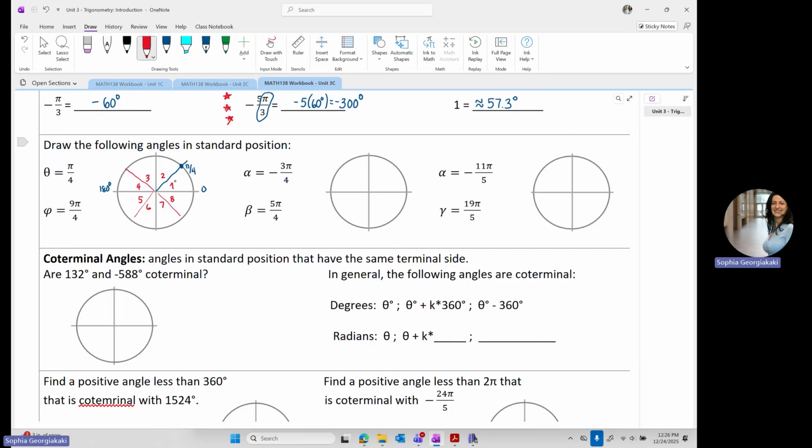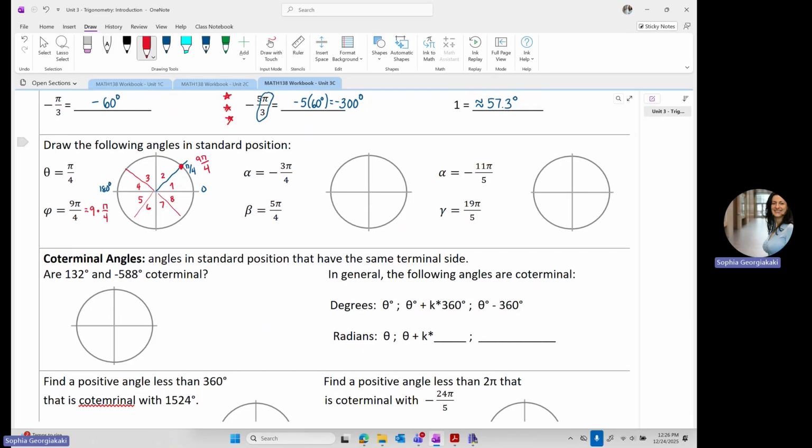And then 9 pi quarters. So I'm treating this as 9 times pi quarters. So 9 45-degree angles will actually also land me in the same spot. So 9 pi quarters will be exactly where pi quarters was, only I would have done an additional rotation on the circle.